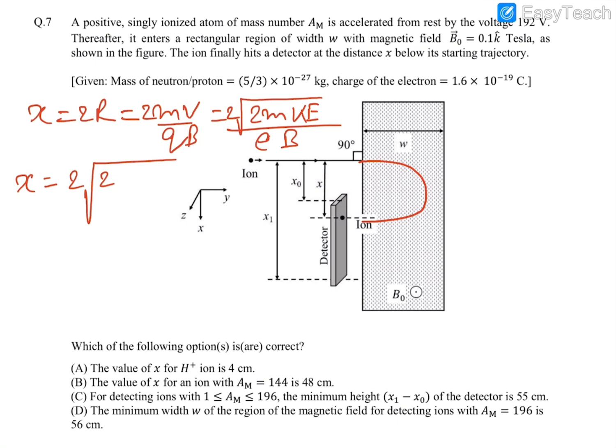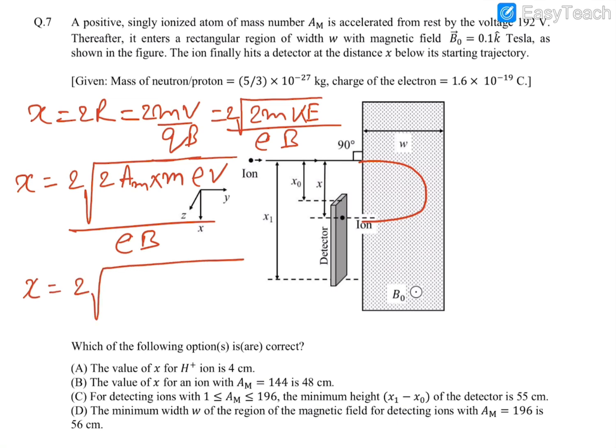Now m is the mass of this atom, and mass of the atom is its atomic mass number into mass of a nucleon, and this kinetic energy will be eV. So e into V divided by eB. So x will be equal to 2 under root of 2 A m into V, which is 192, divided by e, and B is outside, and this is V, and there would be a 2 also.